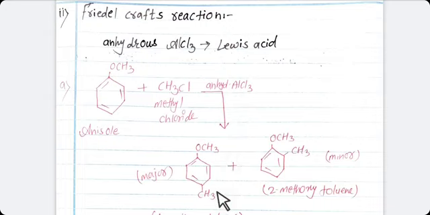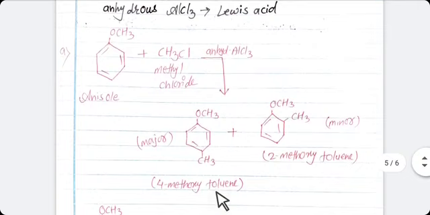One is 4-methoxytoluene. See here, 1, 2, 3 and 4: 4-methoxy and the aromatic ring with CH3 is toluene. Or 2-methoxytoluene. One is the para compound and another is the ortho compound, and in the same way the para product is the major product and the ortho product is the minor product.